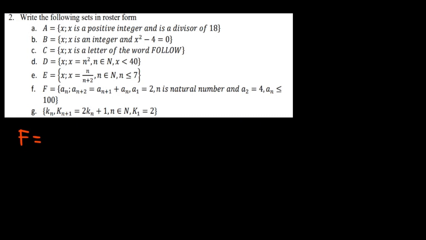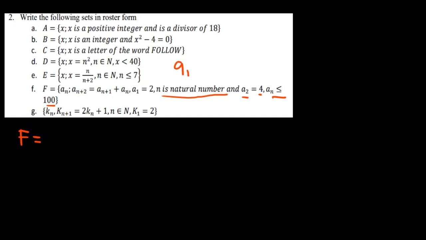They are saying set F is a set of AN, where AN plus 2 is equals to AN plus 1 plus AN, and A1 is equals to 2, and N is a natural number, and A2 is equals to 4, where this AN here should be less than 100.